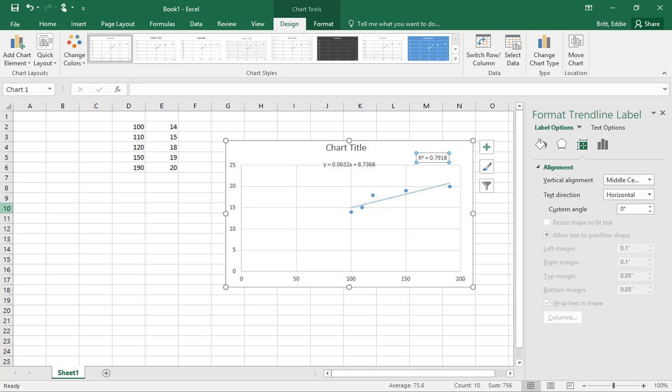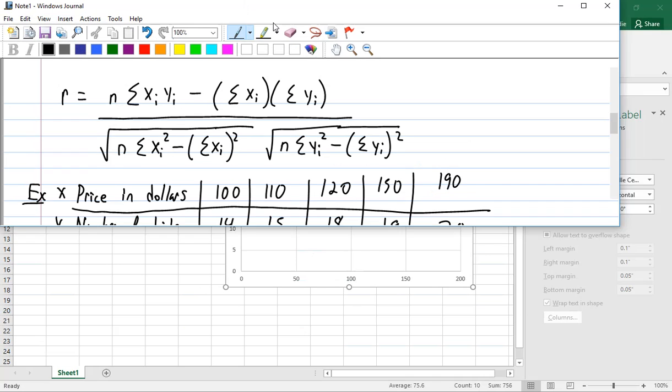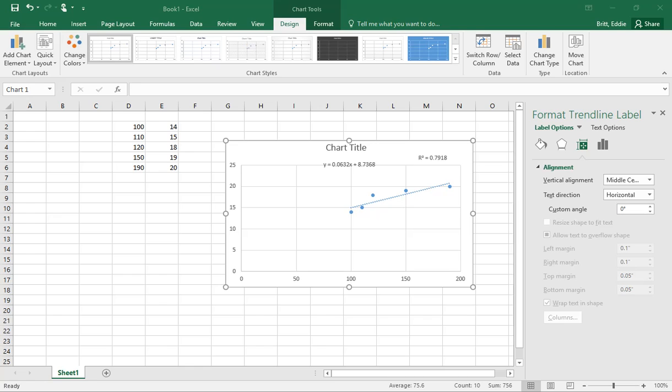Let's see. That really doesn't. See, it's a capital R. Let's just double check.